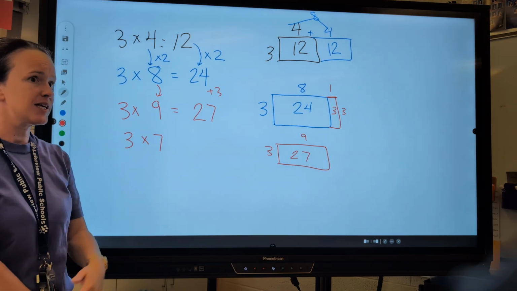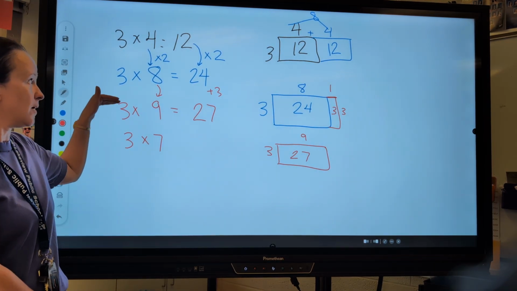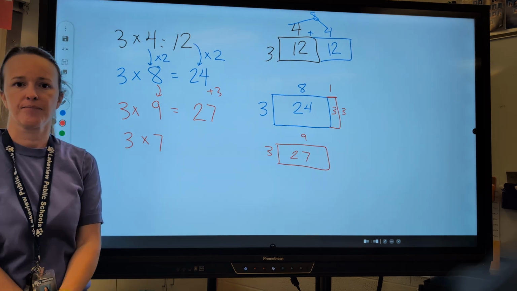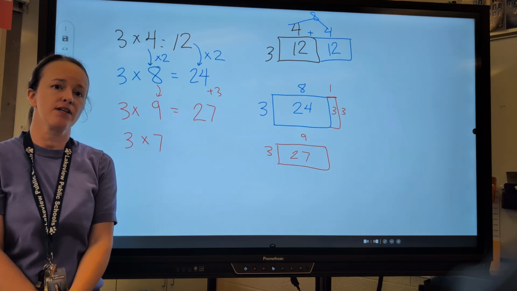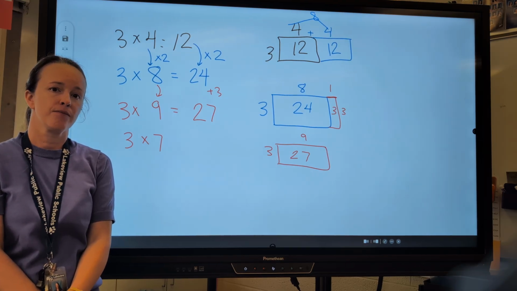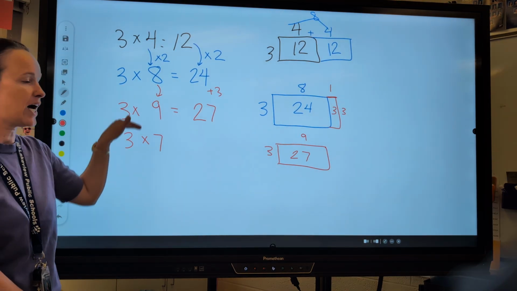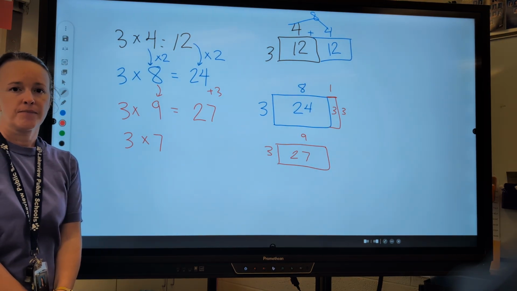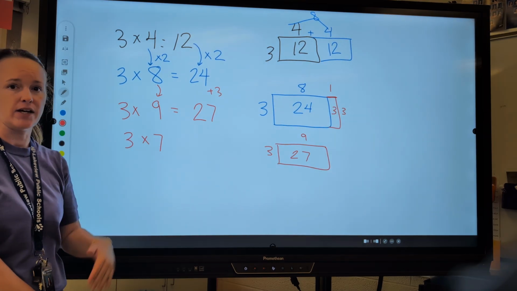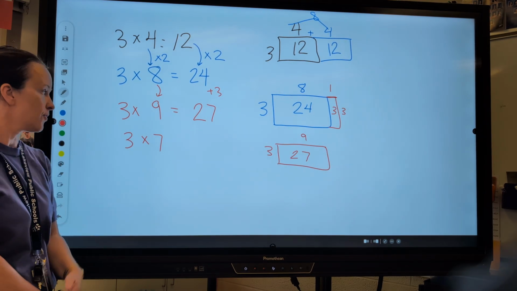Rowan, give me one thing that stayed the same or changed from the last problem or from a different one. What numbers stayed the same? Which factor stayed the same from the last problem? The 3 or the 7? Which one's the same? The 3.